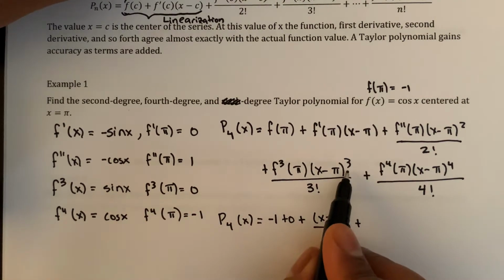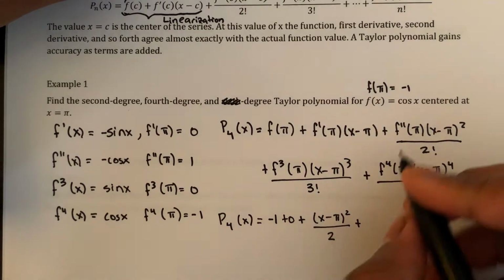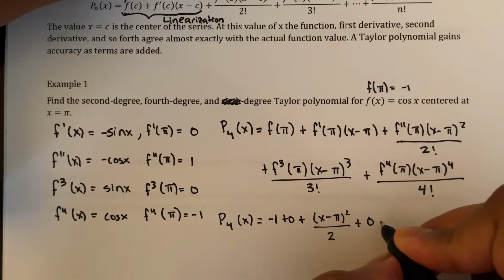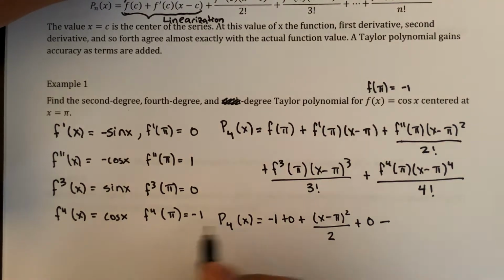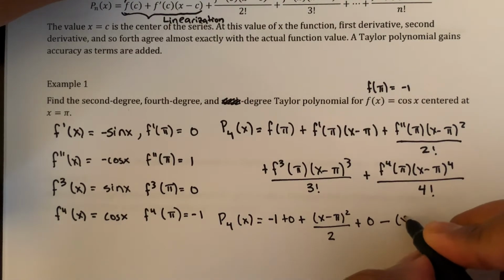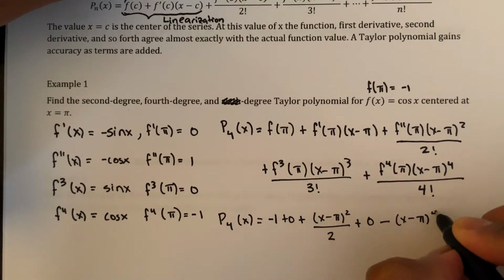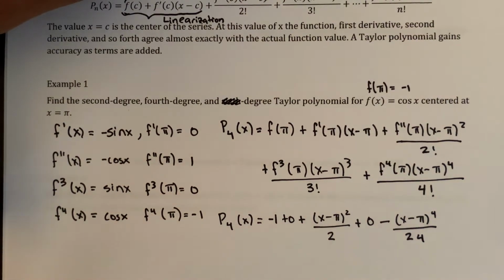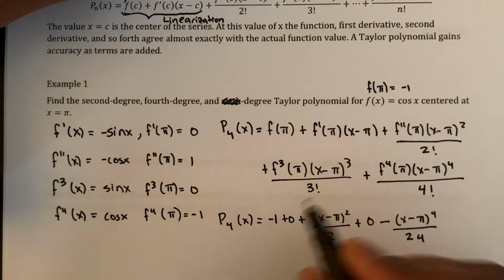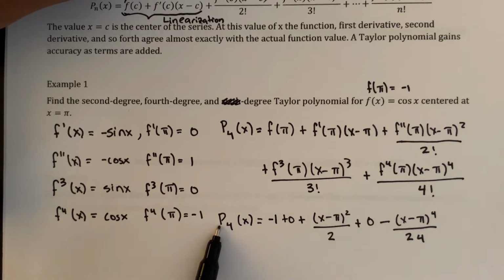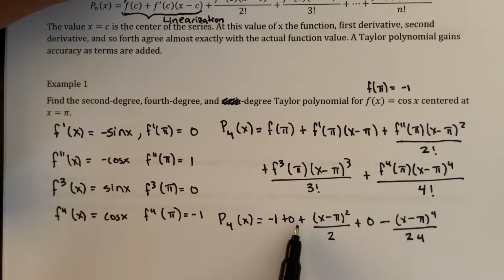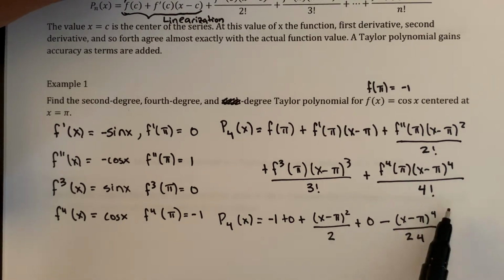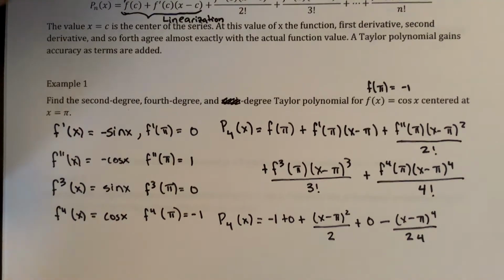So 0 times x minus pi cubed is 0 over 3 factorial, still going to be 0. So plus 0. And the last term is -1 times x minus pi to the fourth over 4 factorial, which is 24. So fully simplified, our fourth degree Taylor polynomial is -1 plus x minus pi squared over 2 plus, well, minus x minus pi to the fourth over 24.